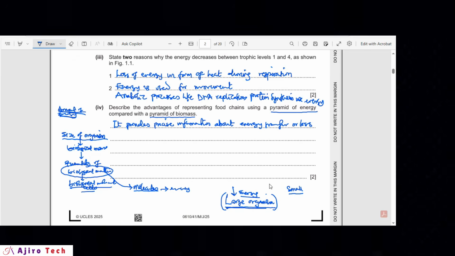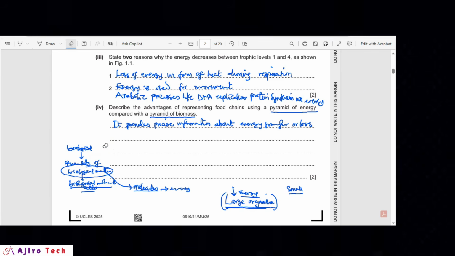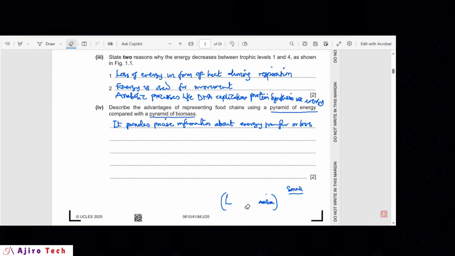So the pyramid of energy gives us the idea that energy is lost from one trophic level to another. The pyramid of biomass gives us more accurate information about how energy is transferred based on the size of the organisms.